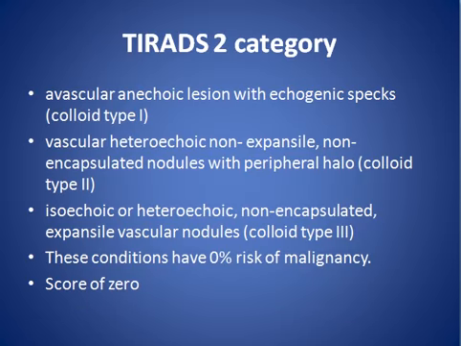Type 2 TIRADS can be subclassified to colloid type 1, which is an avascular anechoic region with echogenic specks, giving the appearance of comet tail artifact; avascular heterogeneous echoic nodule, non-expansile, non-capsulated with peripheral halo, called type 2 colloid nodule; isoechoic or heterogeneous, non-capsulated with expansile vascular nodule called type 3 colloid nodule.